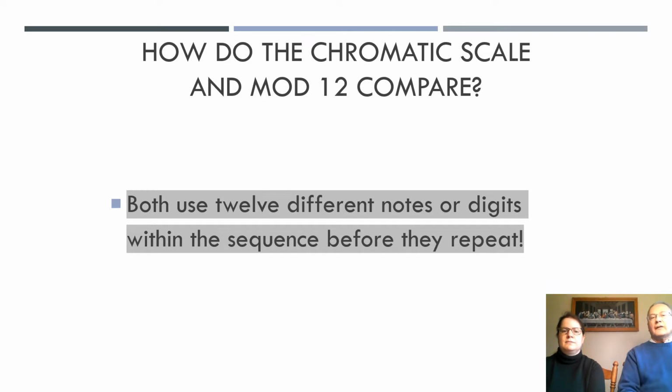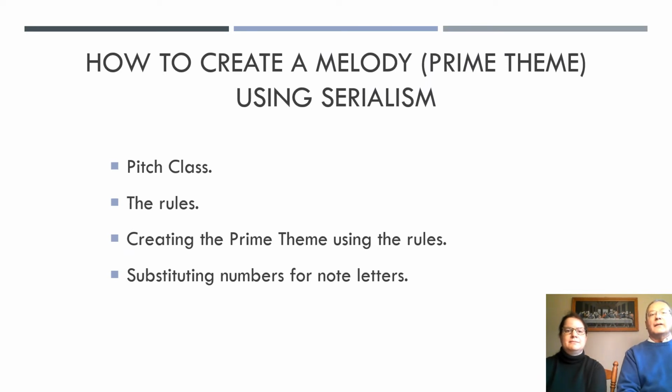Okay, here's the reason that Cindy wanted to use mod 12. The chromatic scale and mod 12 are both systems that use 12 notes for chromatic scale or digits for mod 12 within the sequence before they repeat. Okay, this is a way that Cindy creates a melody or a prime theme when she used serialism as the basis of her compositions.